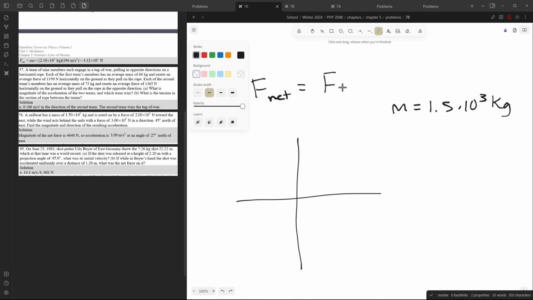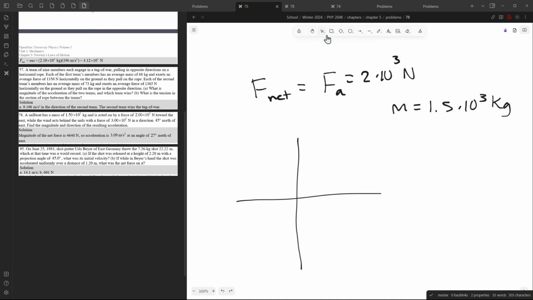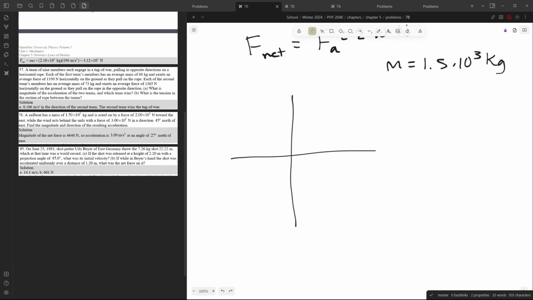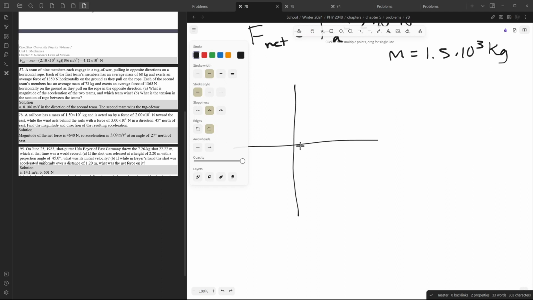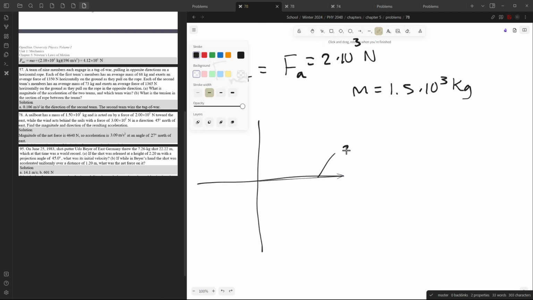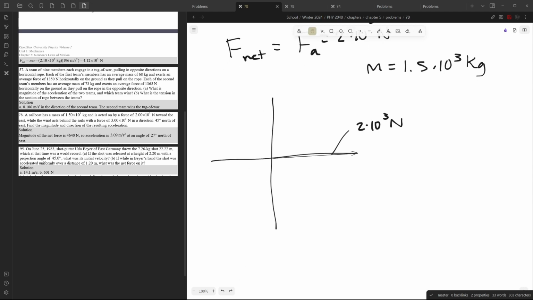So we have a force, let's just call it F sub A. And that's toward the east, so we just write an arrow toward the east. And then another one behind the sails, so it's like pushing it.